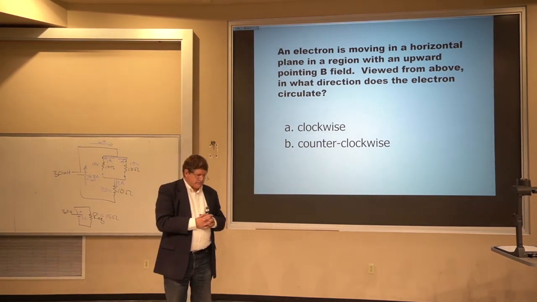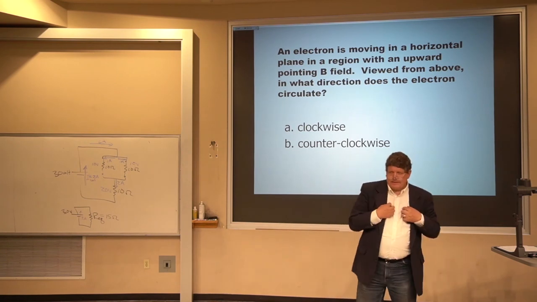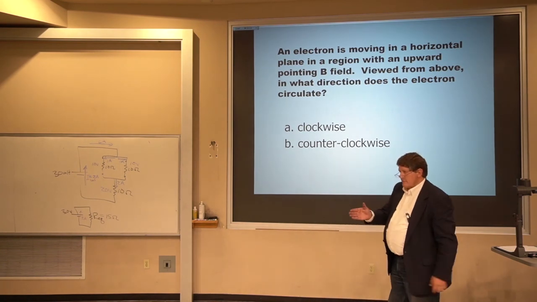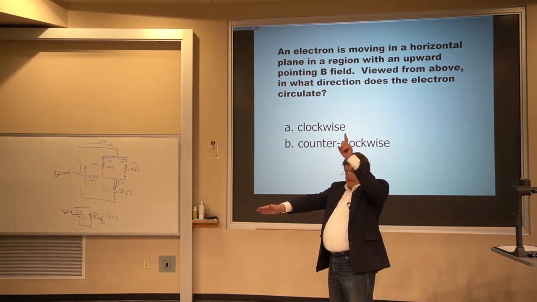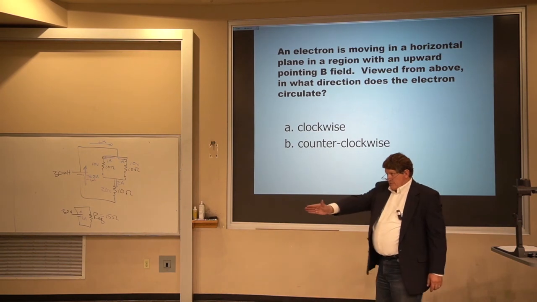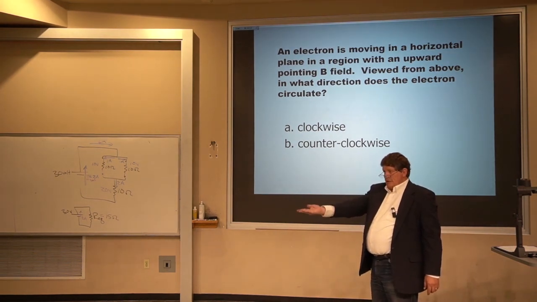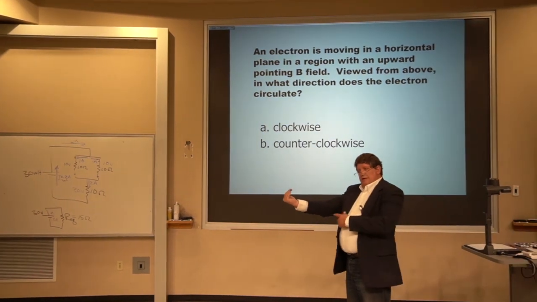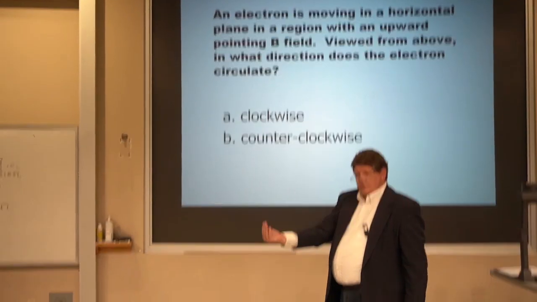Well, let's say I'm the electron, okay? And I'm traveling in some direction in a magnetic field that's up. Well, by right-hand rule, I would reach in the direction I'm going, and I would wave my hand in the direction of the B field, which would be up, and my thumb's pointing to the right. Well, that's the force on a positive charge.